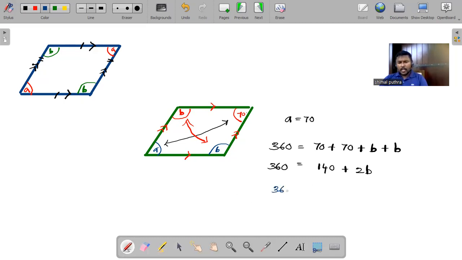So 360 minus 140 is equal to 2B. So 2B should be equal to 220.